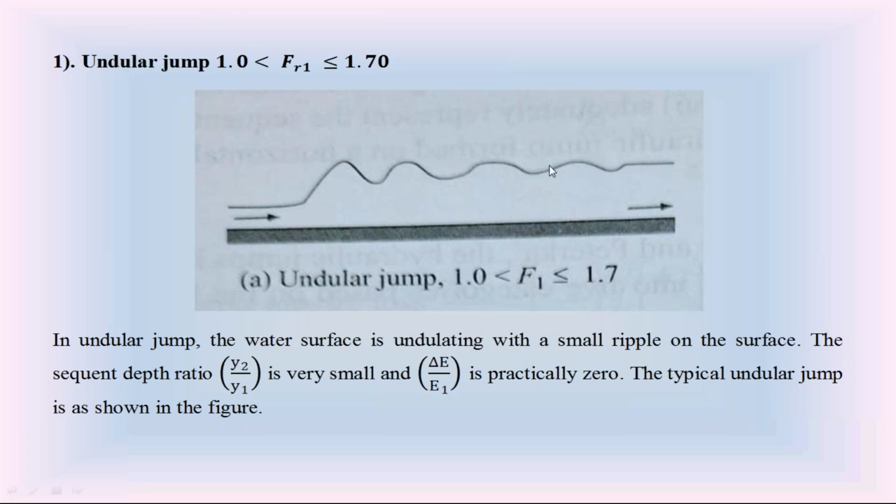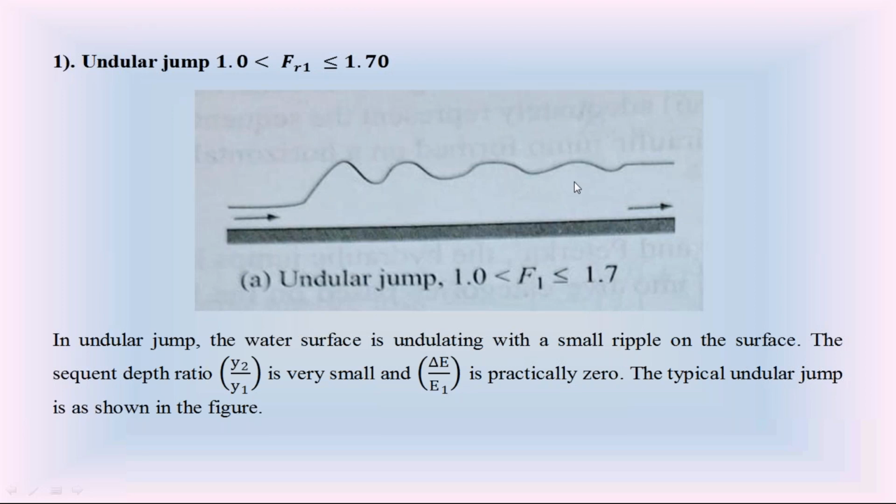These ups and downs indicate the formation of a small hydraulic jump in the canal. We call that an angular hydraulic jump, for which the Froude number FR1 is greater than 1 and less than or equal to 1.7. In this angular hydraulic jump, there is not much loss of energy of the water flow. Since it is a weak hydraulic jump, the loss of energy delta E is almost 0.